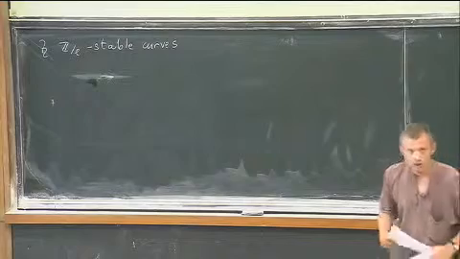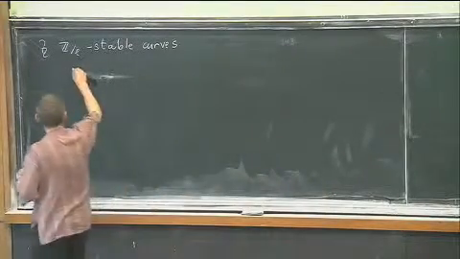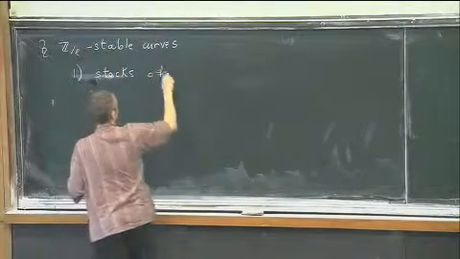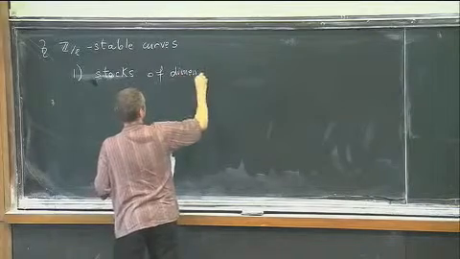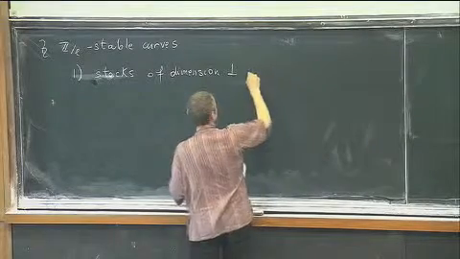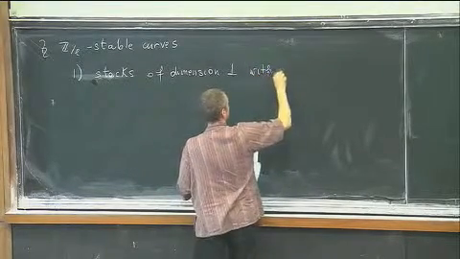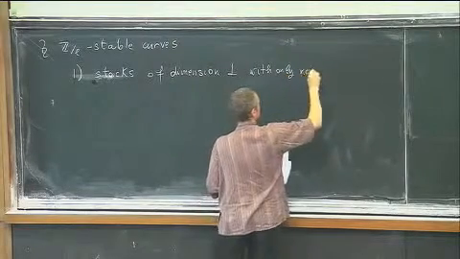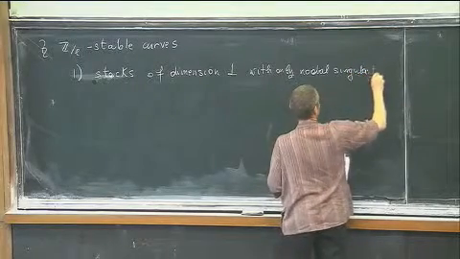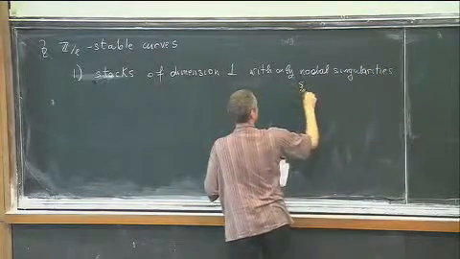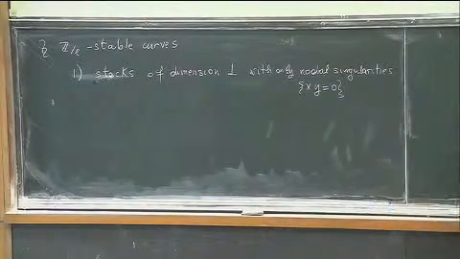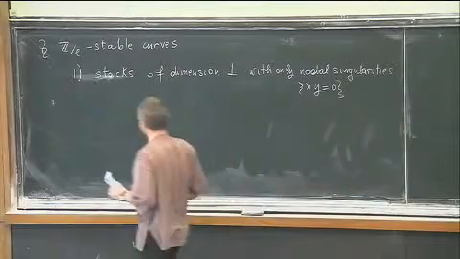So what are those things? Those are stacks, but very simple stacks of dimension 1, with nodal singularities. Meaning that if they are singular, points that are singular can be locally described as xy equals 0 inside C2.